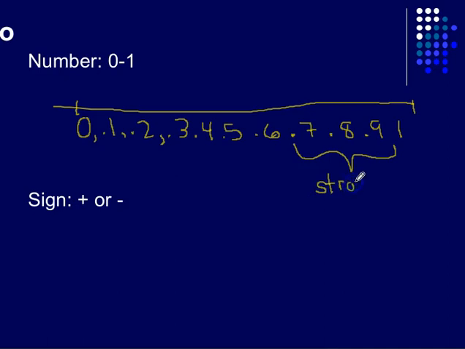And so a strong correlation means that when one thing happens, the other thing also happens almost all the time. So it's very predictable. One predicts the other.